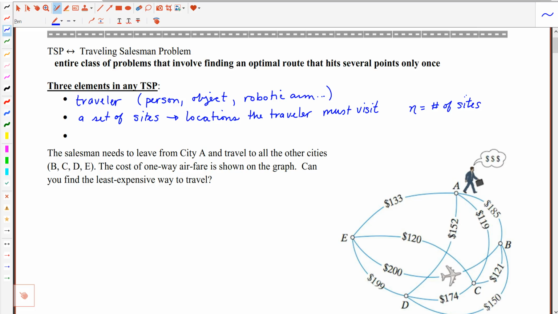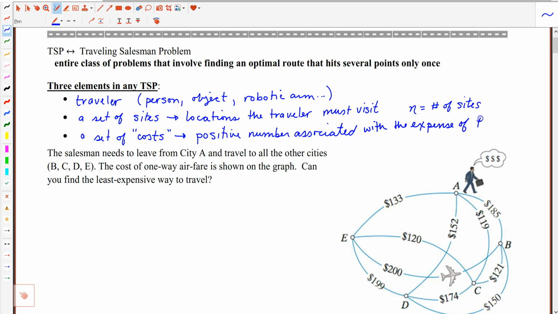And finally, these types of problems will normally involve a set of costs. Okay, so this is going to be a positive number that is going to be associated with the expense of travel.